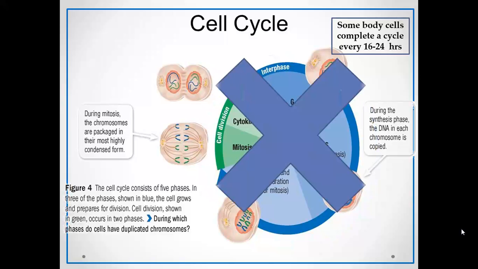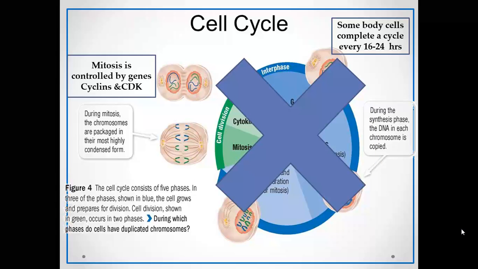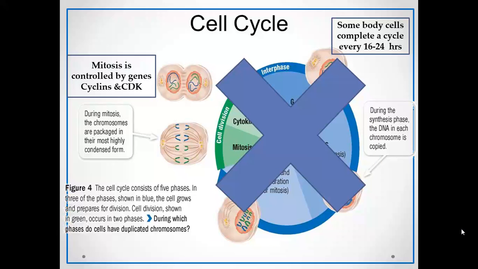However, some body cells cannot go into this cycle at all. Number two, mitosis is regulated and controlled by genes like cyclins and cyclin kinases.